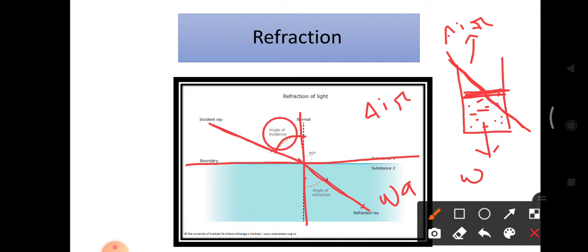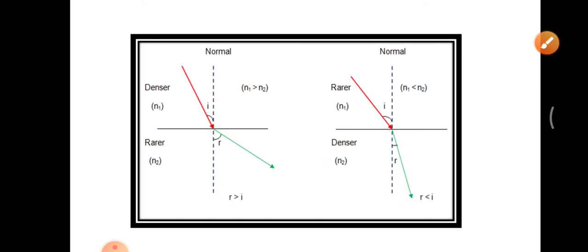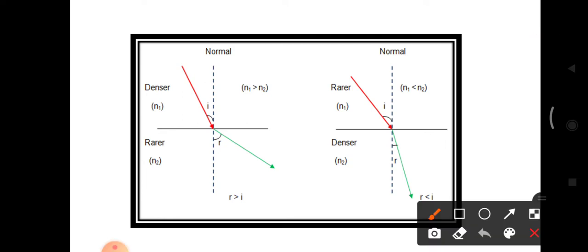The angle between the normal line and the refracted ray is called the angle of refraction. So, when the light travels from one medium to another medium, refraction takes place, and the angle of refraction depends on the medium.